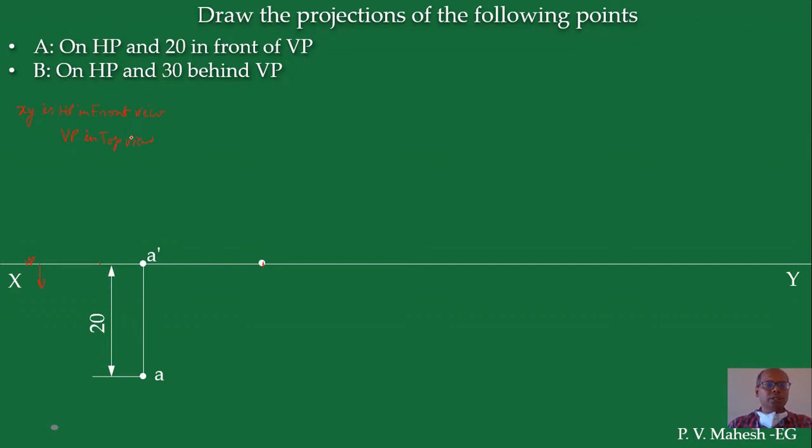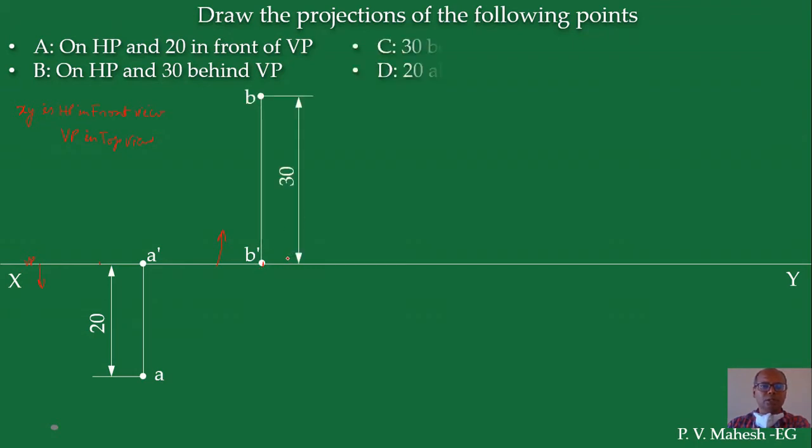So we are talking about the front view, where XY represents the HP. So the point is on XY line, and 30 mm behind VP. Because XY represents the VP in top view, it is like this, 30 mm behind VP.